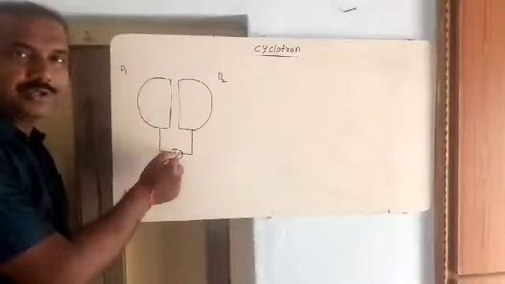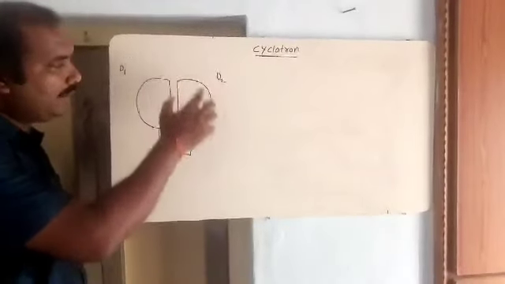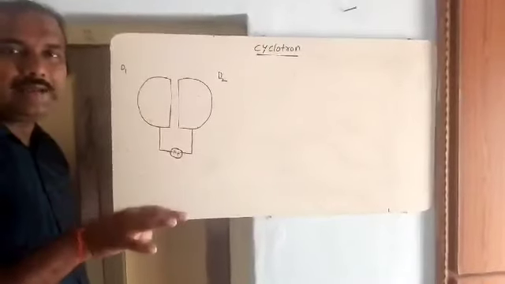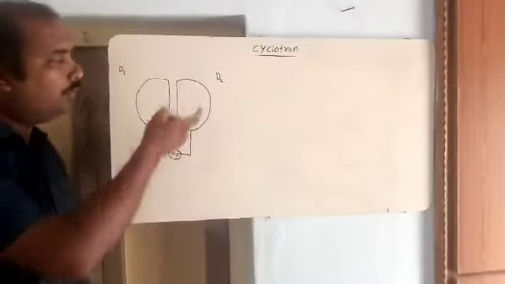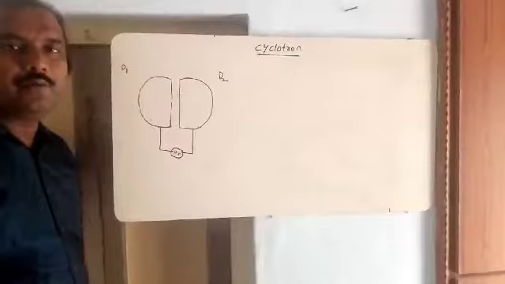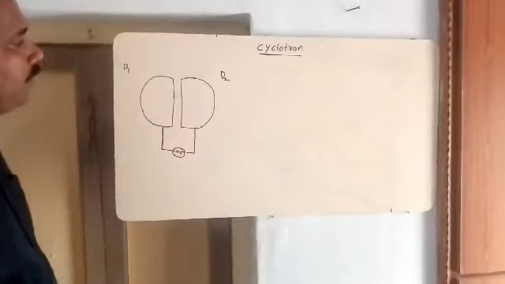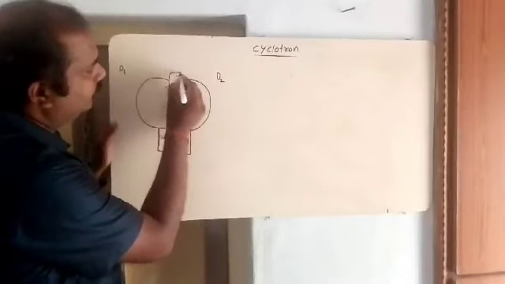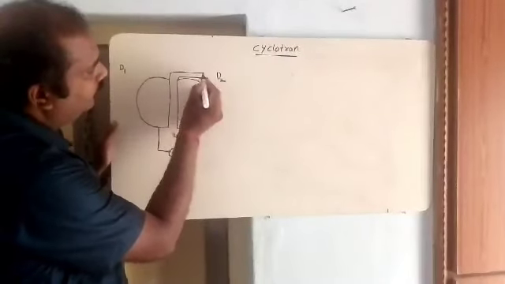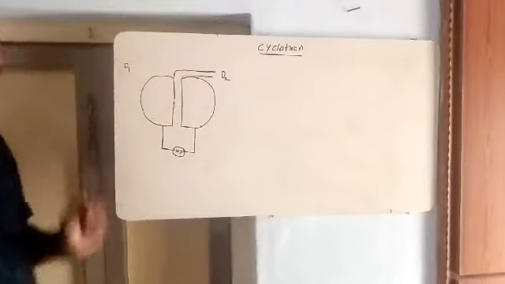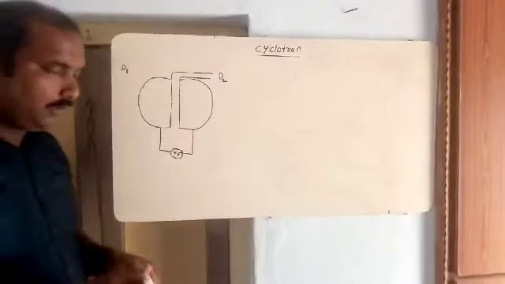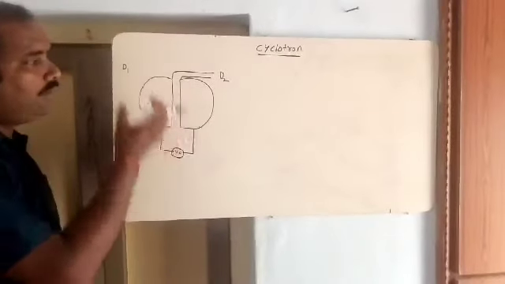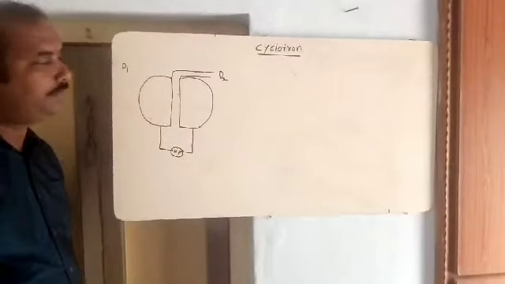Here it is produced by the electric field and here it is produced by the magnetic field, but these two, the electric field and magnetic field, must be perpendicular to each other. Now, to see the working of this cyclotron.